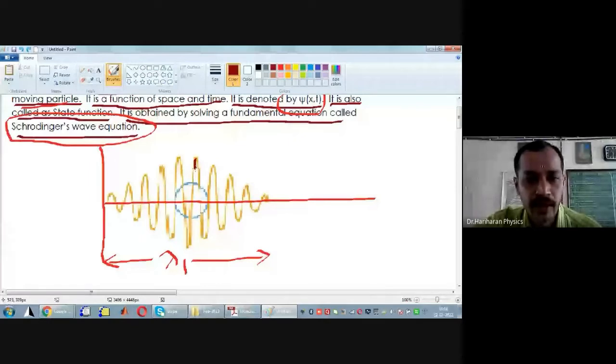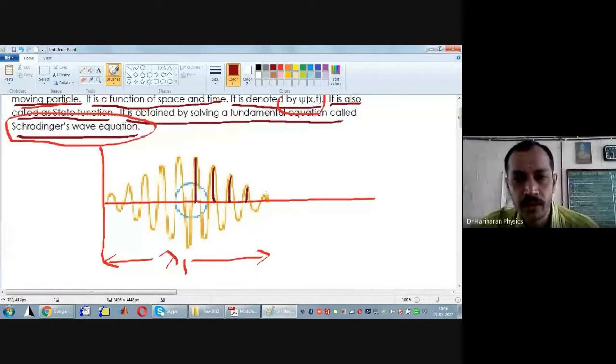These are the two regions where the amplitude is high. For example, this amplitude is 100 watts, this is 80 watts, this is 60 watts, this is 40 watts, this is 20 watts, and this is roughly 2 watts.